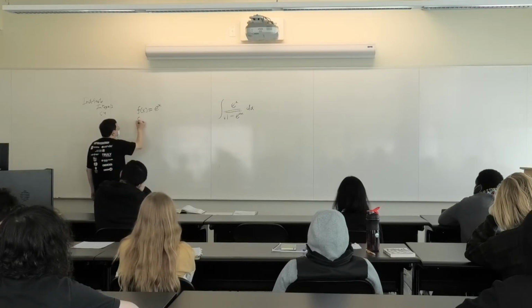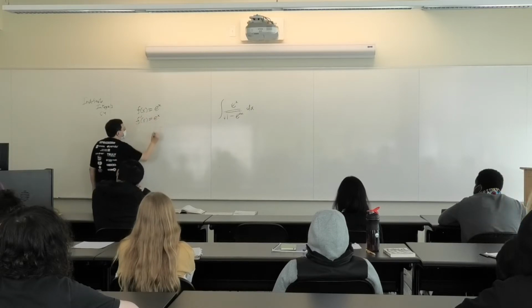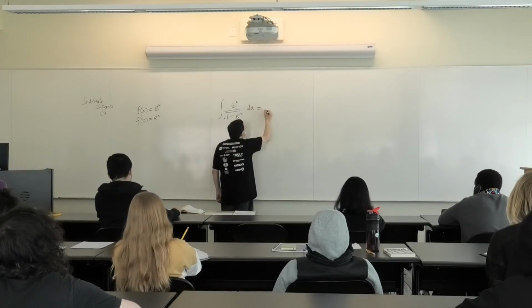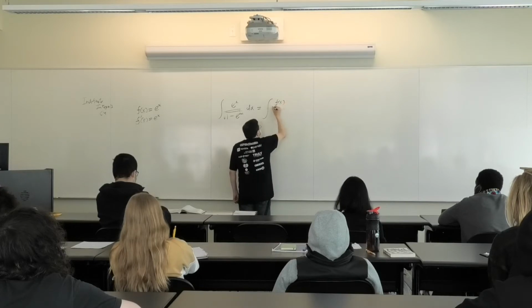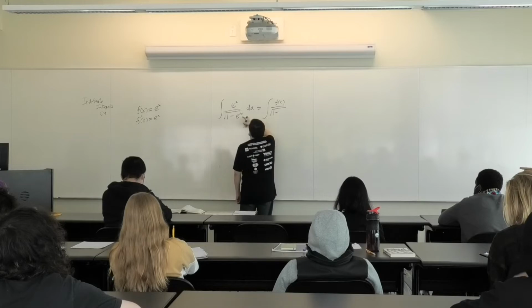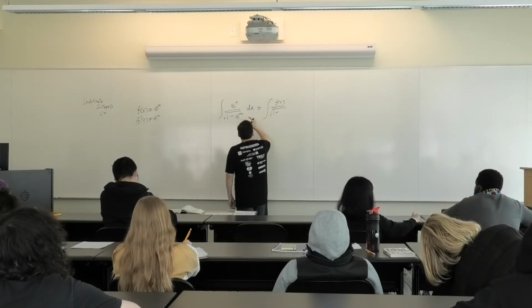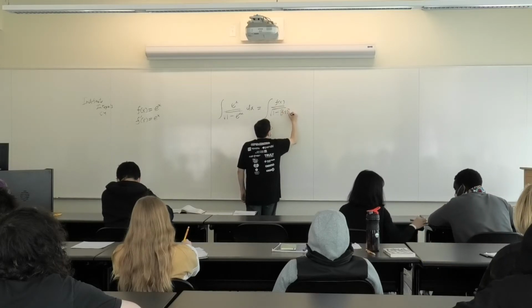And for that matter, f prime of x is also e to the x. If I look at this, it's kind of f of x, e to the 2x, that's e to the x squared. So that's f of x squared.